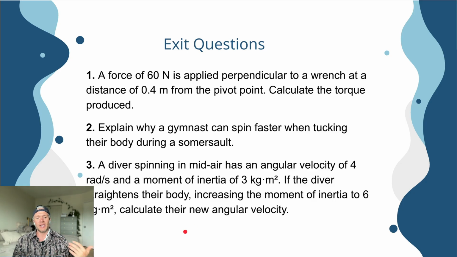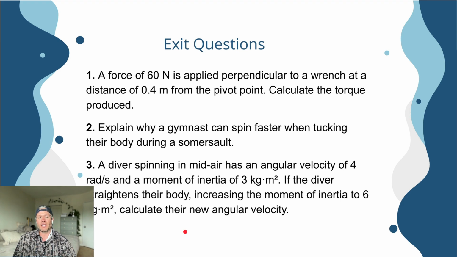All right. And then last but not least, we have another question similar to the ones we've been doing today, where we have a diver spinning mid-air. We're given their angular velocity in radians per second. Great. And we're given their moment of inertia. Great. So if we're talking about momentum and conservation of momentum, we're already given all our values there. We don't have to go look at the mass and the R value like we were doing for the last equations.